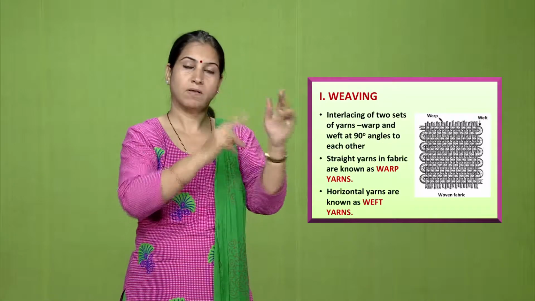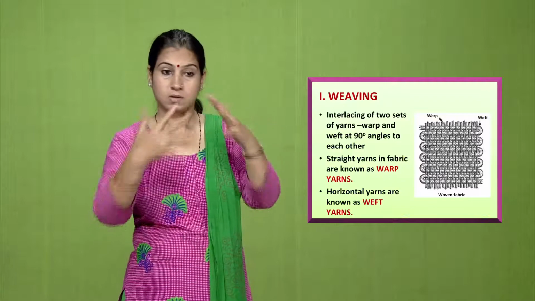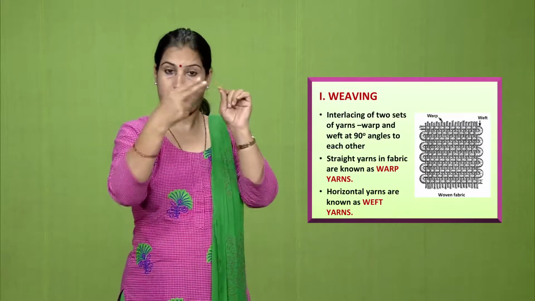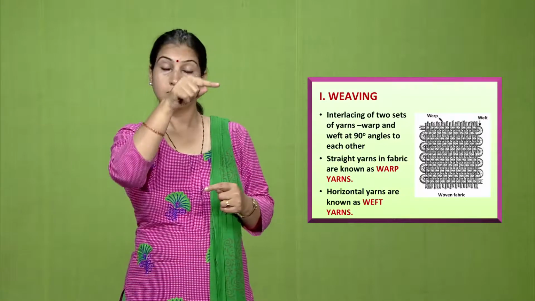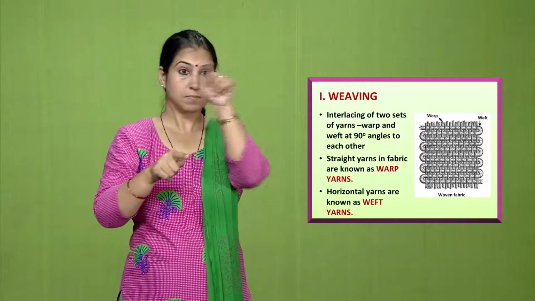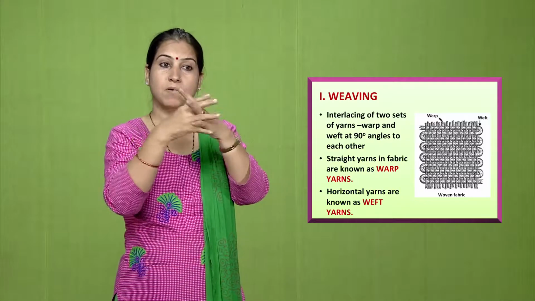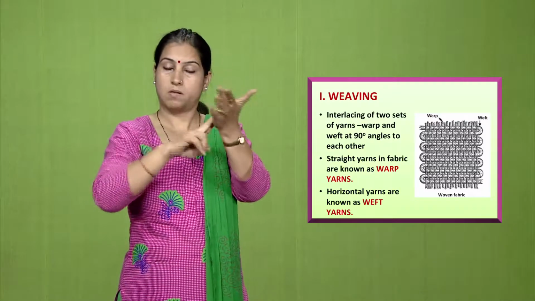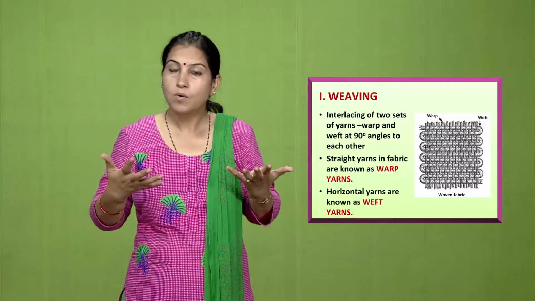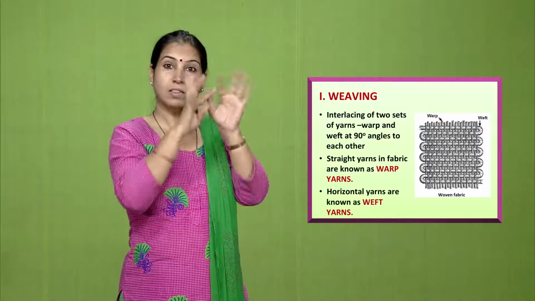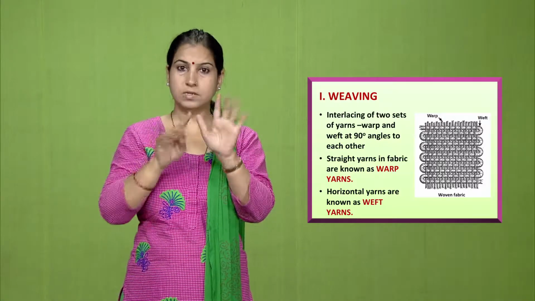The yarns running lengthwise are called warp yarns, whereas the yarns which run crosswise are called weft yarns. In a woven fabric, the yarns intersect at 90-degree angles to each other, as shown in the figure.